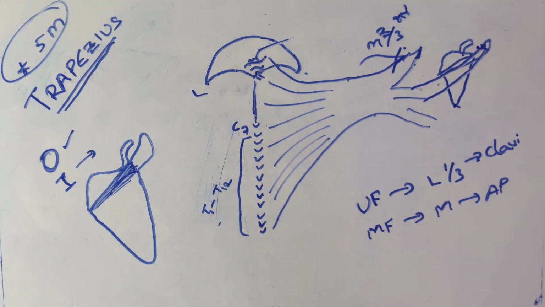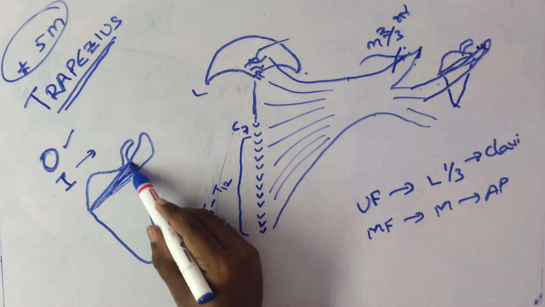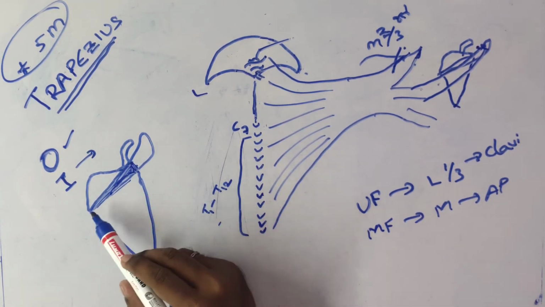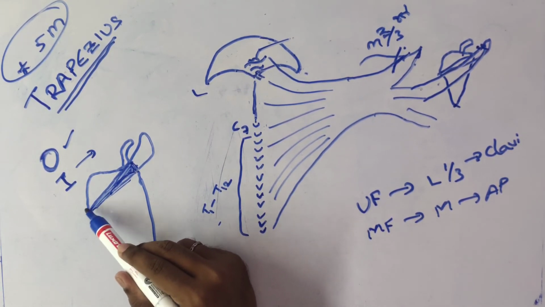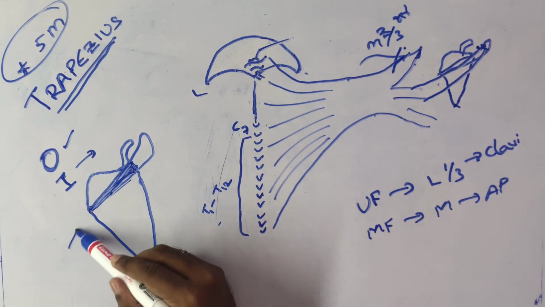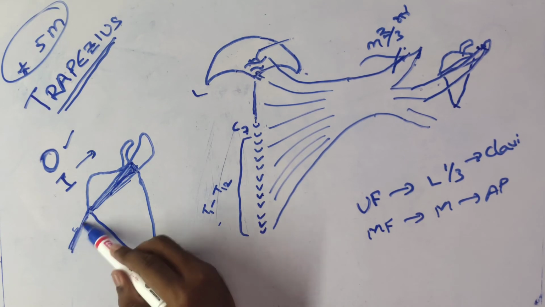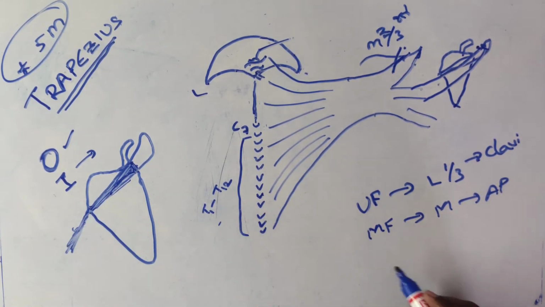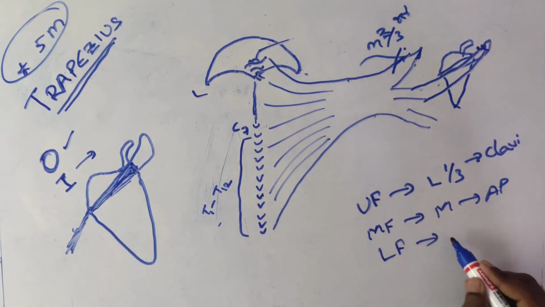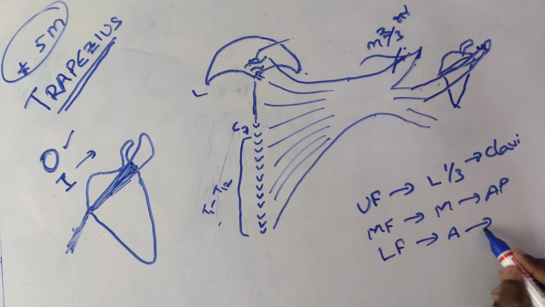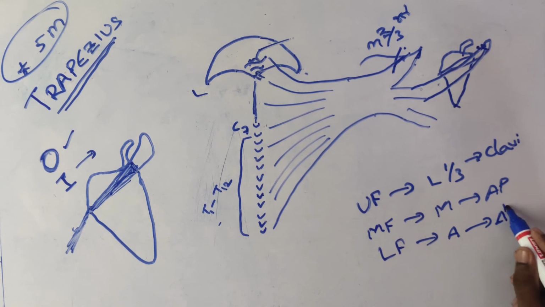The lower fiber attaches to the apex. Apex means where the 2 points meet, and here is the apex. The lower fiber attaches to the apex of the triangular area of the spine of the scapula.